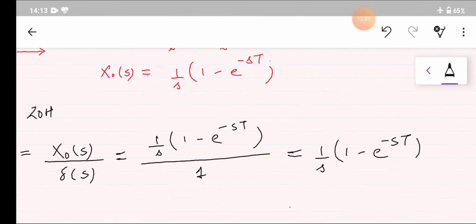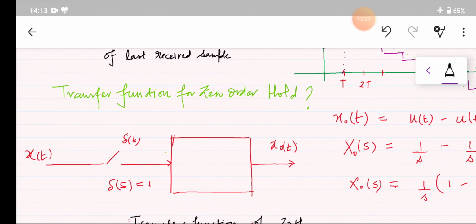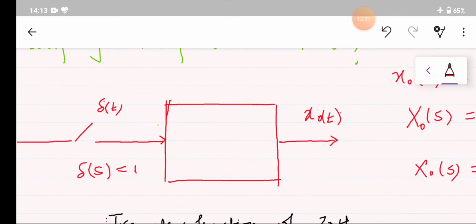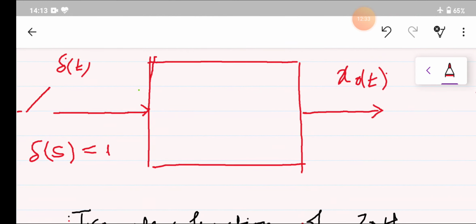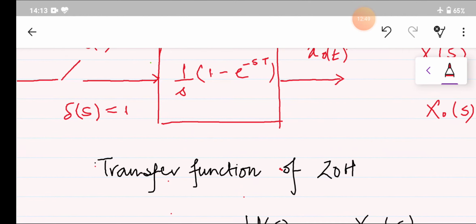Okay, so we can replace the ZOH block and we can write here, where T is the sampling time of the zero order hold.